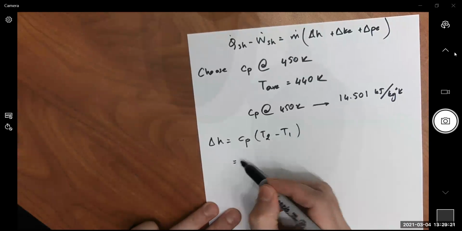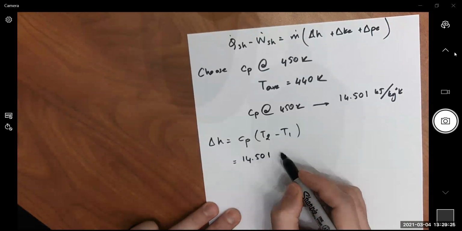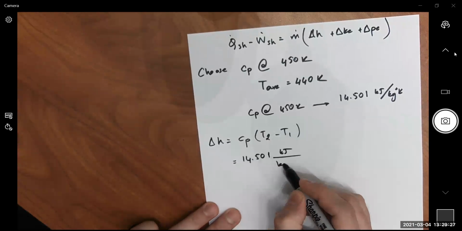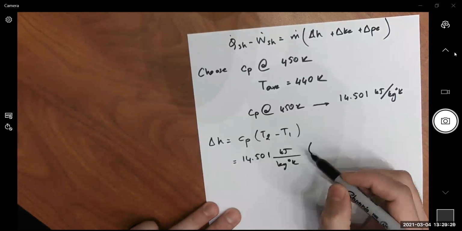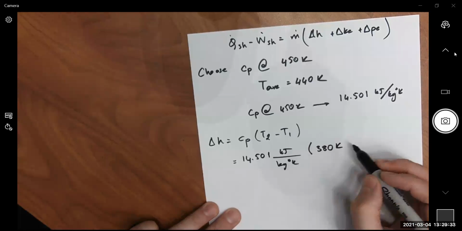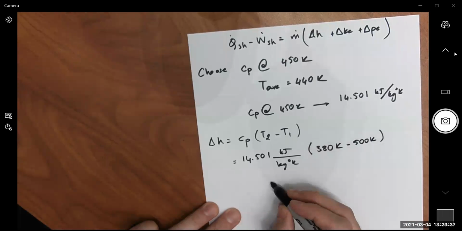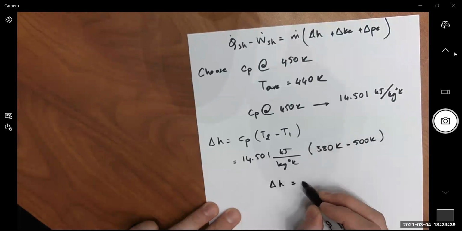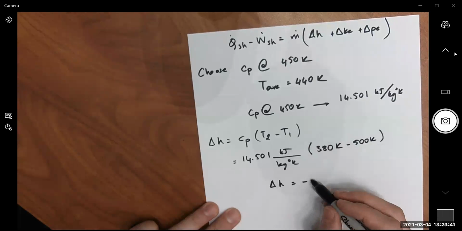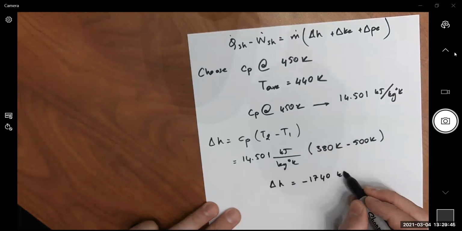CP is from the table, 14.501 kilojoules per kilogram Kelvin, and temperature difference is 380 minus 500 Kelvin. Enthalpy difference here will be minus 1,740 kilojoules per kilogram.